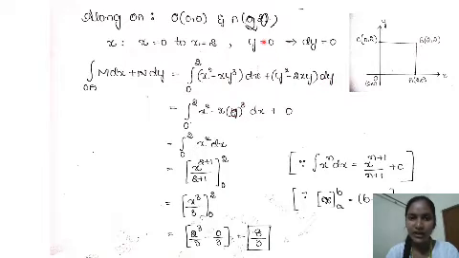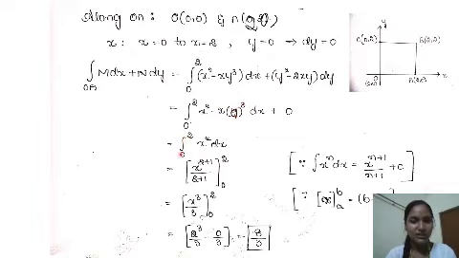Here y equals 0, so we will substitute y equals 0 here and here, and also dy equals 0, so this term becomes 0. So that is integral 0 to 2 of x² minus x into 0 to the power 3 dx, so that whole term becomes 0.